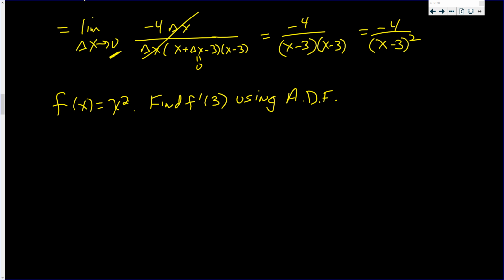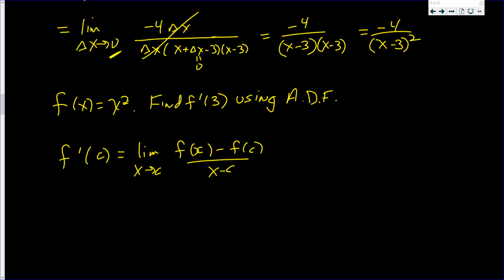Okay, so using the alternate derivative formula, remember f prime of c is equal to the limit as x approaches c of f of x minus f of c all over x minus c.